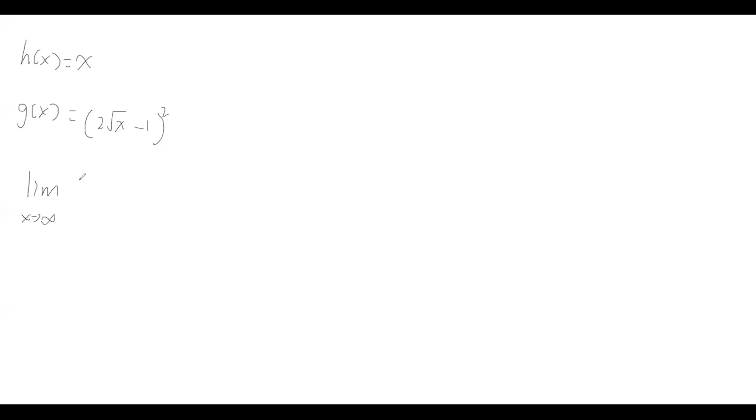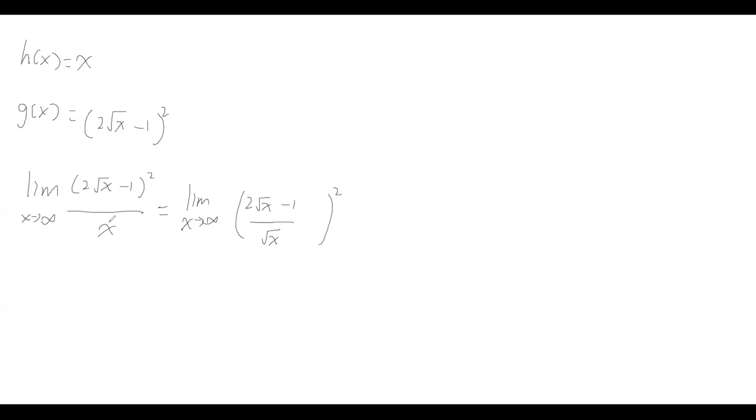The limit is infinity over infinity, radical x minus 1 squared over x. And again, L'Hopital's rule also applies here, but you can always play with algebra to get what you wanted.